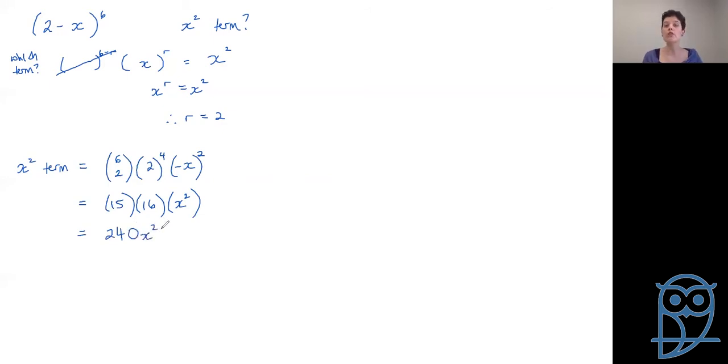So when we're looking for a specific term, there's 2 pieces to our calculation. And this is going to be the same thing over and over again. So let's have a go at 2 plus 3x to the 5. Let's find the x cubed term. So again, first we locate r.